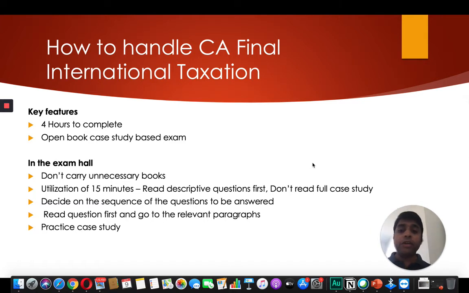Now, read the questions first and go to the relevant paragraphs. This is called a reverse technique, where you don't need to read the entire case study first.